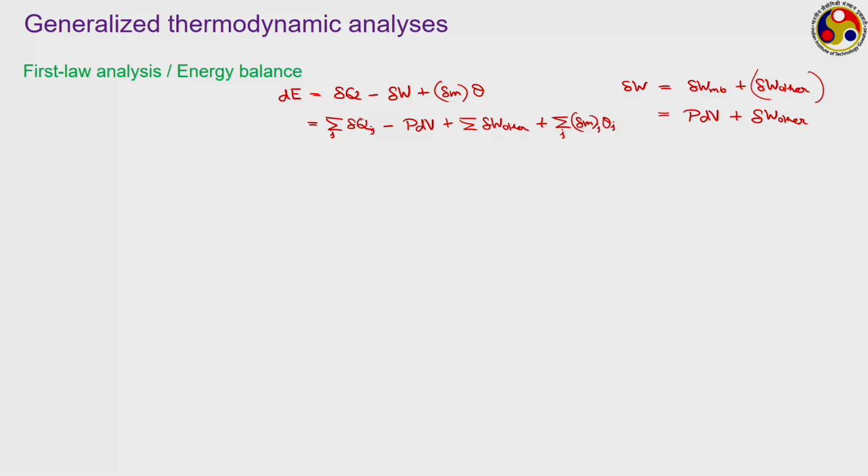Here the direction of mass transfer is taken to be into the system. If we are talking about mass flowing out of the system, then a negative sign will come in.